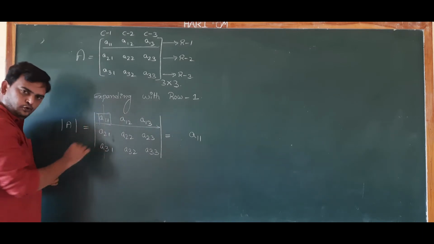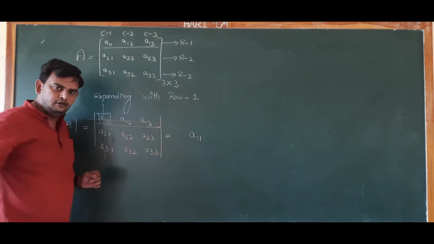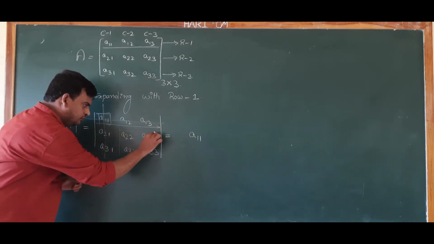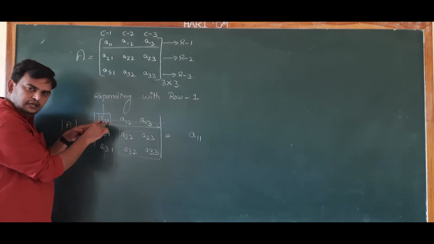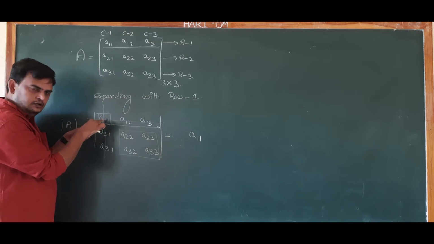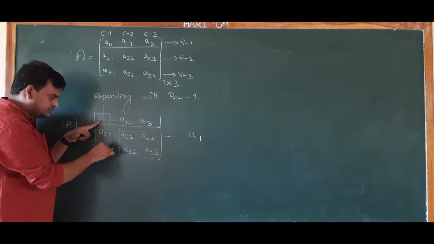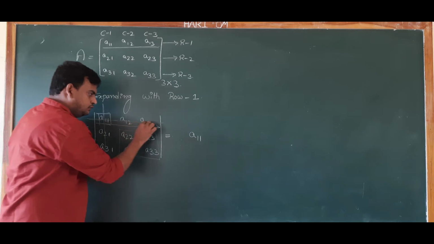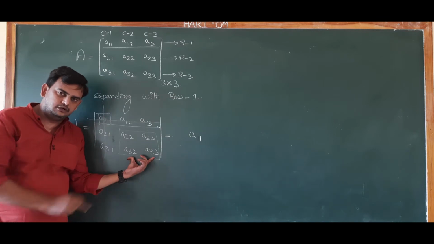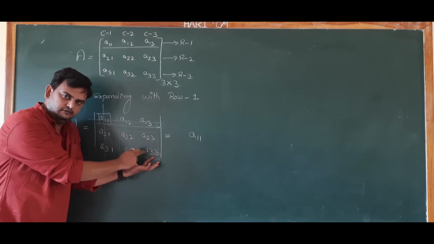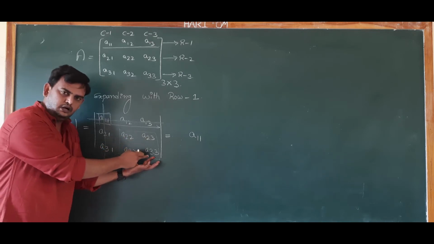Leaving the entire column and the entire row of A11, we find 4 elements left, in the form of a square matrix: A22, A23, A32 and A33.